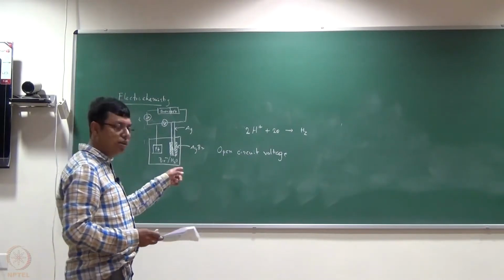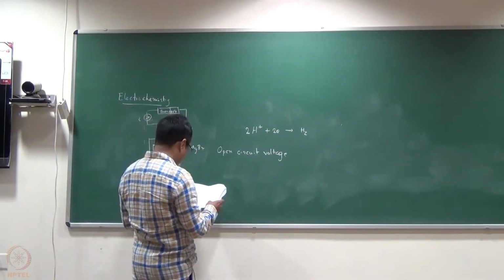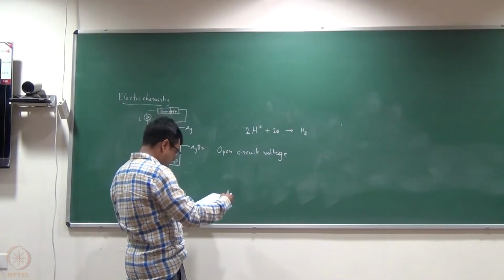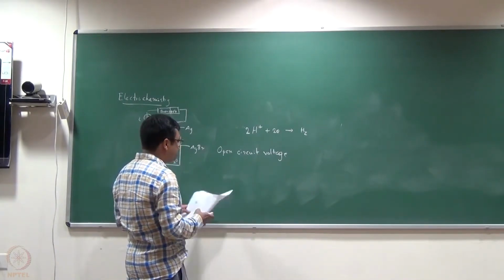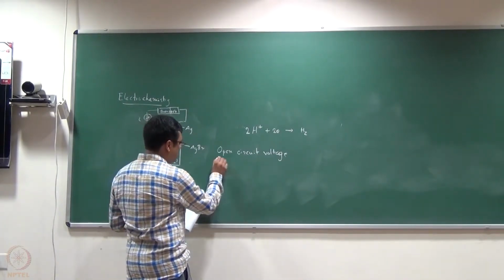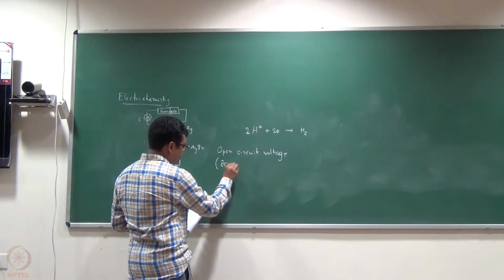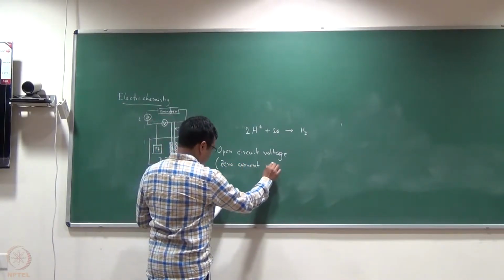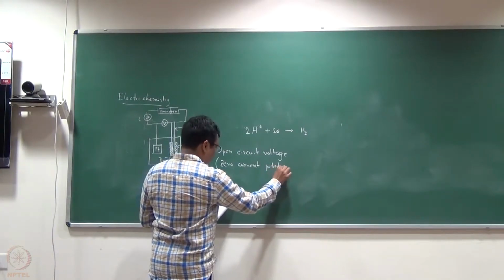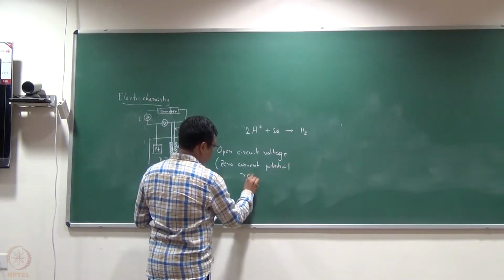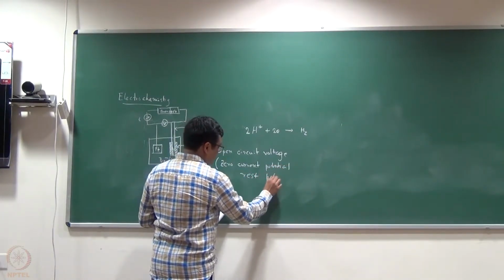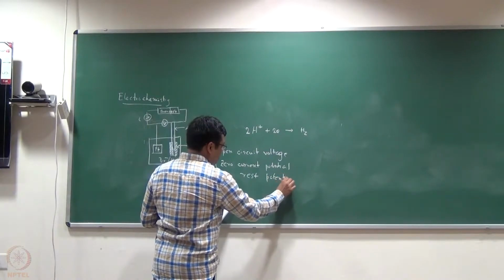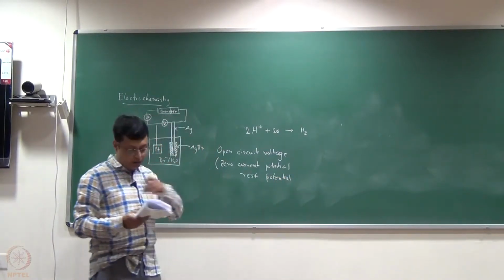We'll see here open circuit voltage is slightly different, and it has some alternative names. It's sometimes called zero current potential, or sometimes it is called rest potential. And the name basically is obvious, right? Why it is called zero current or the rest potential.